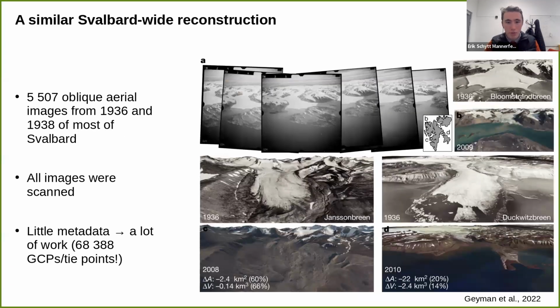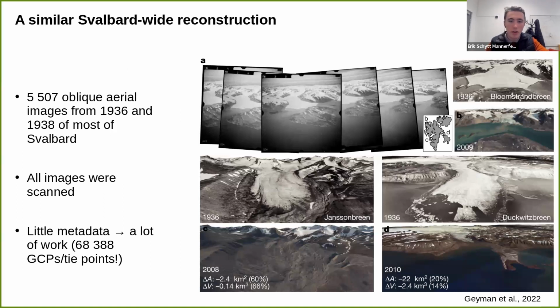About 6 months before our publication, there was another incredibly impressive paper by Emily Gaiman and others from the Norwegian Polar Institute. She used about 5,500 oblique aerial images from Svalbard from 1936 and 1938. And these images were all scanned, but the metadata is quite poor.